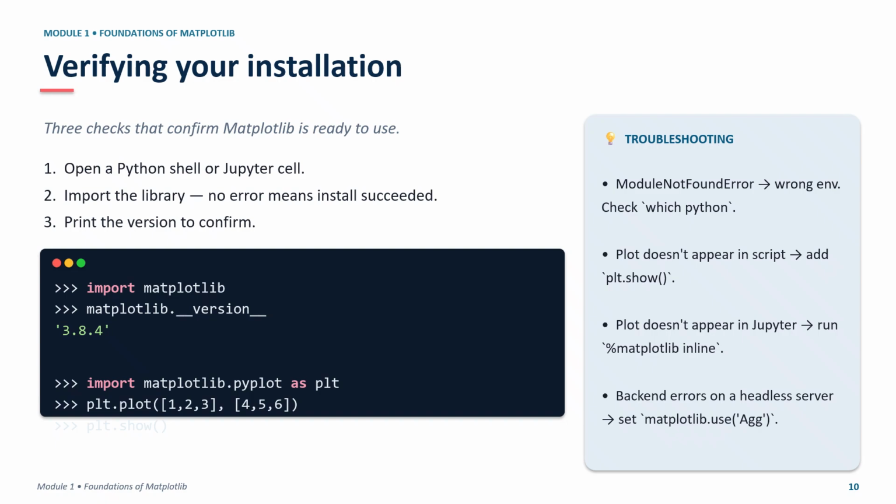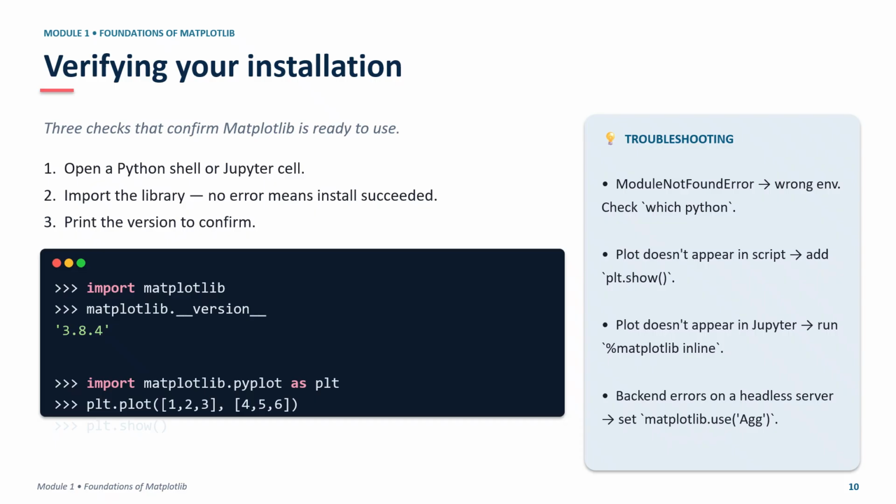You can give plt.plot([1, 2, 3], [4, 5, 6]), and if you give plt.show(), it is going to show you the graph. If the plot does not appear in Jupyter, then you can add %matplotlib inline at the top of your notebook.